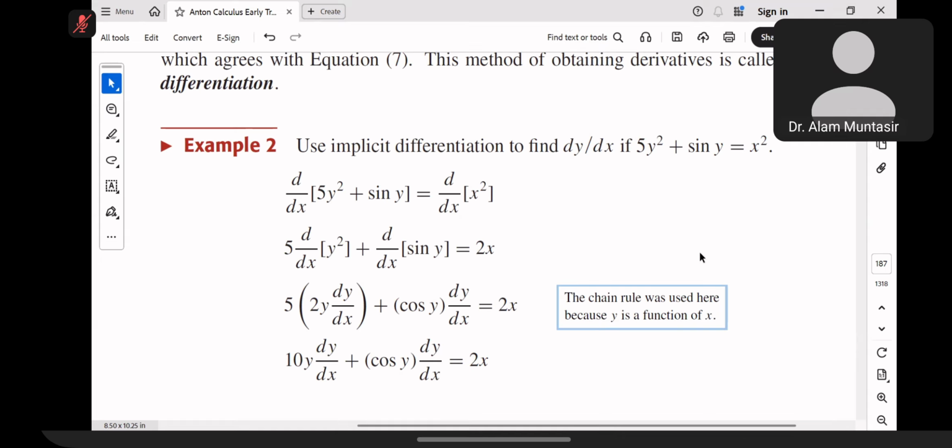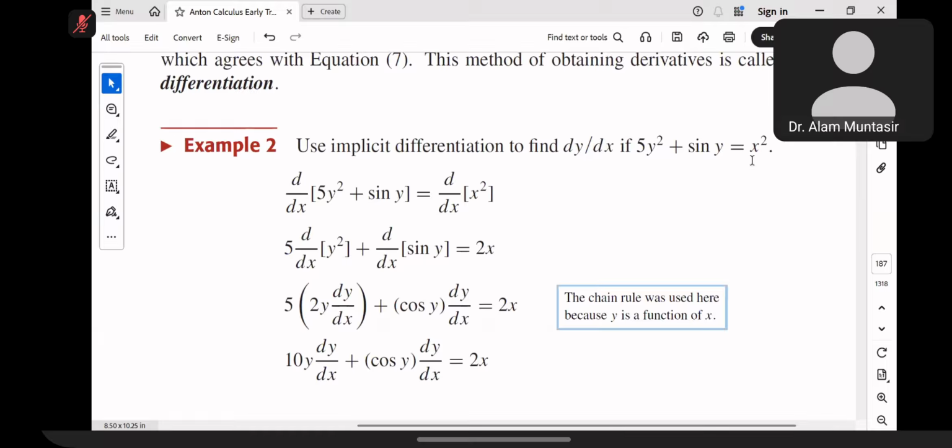So the given function is 5y squared plus sine y equal to x squared. This is an example of implicit function.